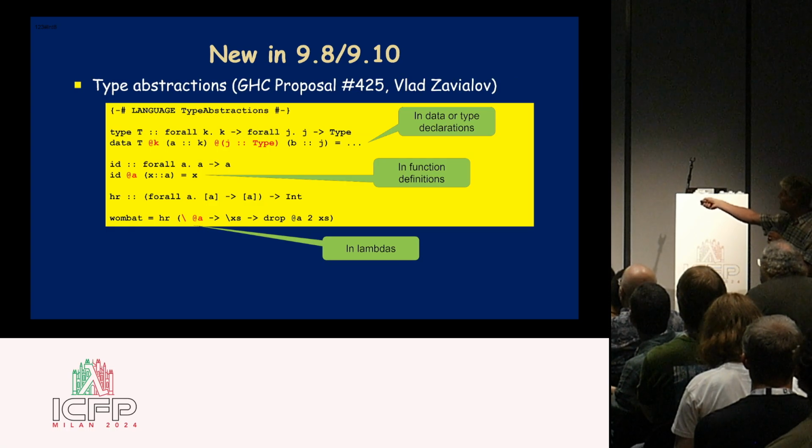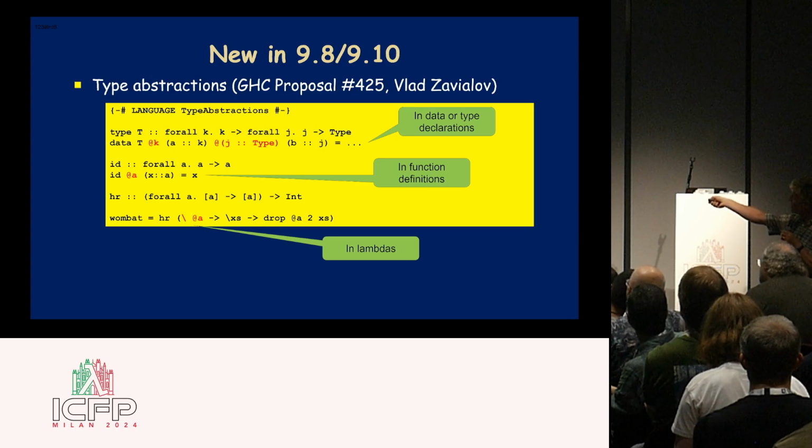But for ordinary foralls, you can still write this. So here is HR with this type abstraction. HR has a higher-rank argument, a polymorphic typed argument. And in its argument, you can now explicitly, just like in the lambda calculus, abstract over the type argument. Optionally, you don't have to.